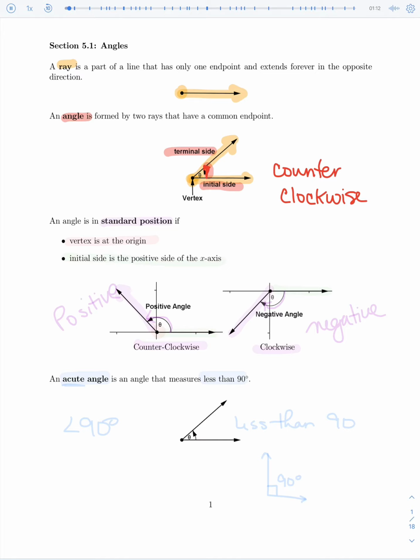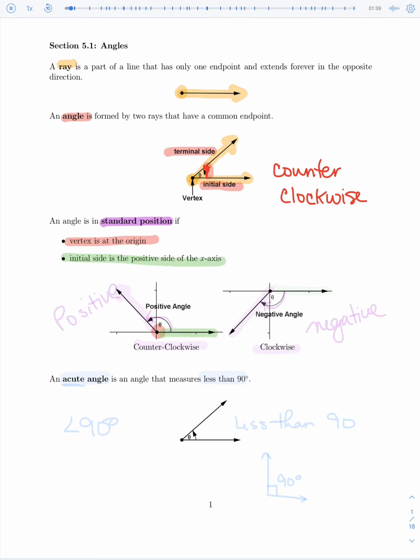So we need some terminology to start talking about angles. The first thing about angles is we're going to talk about them being in standard position. They're in standard position if the vertex is at the origin. That means we've got the starting point at the origin, and the initial side is starting at just the x-axis, like this.